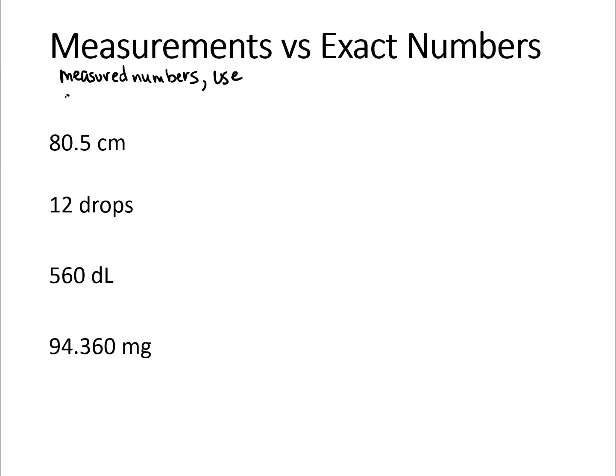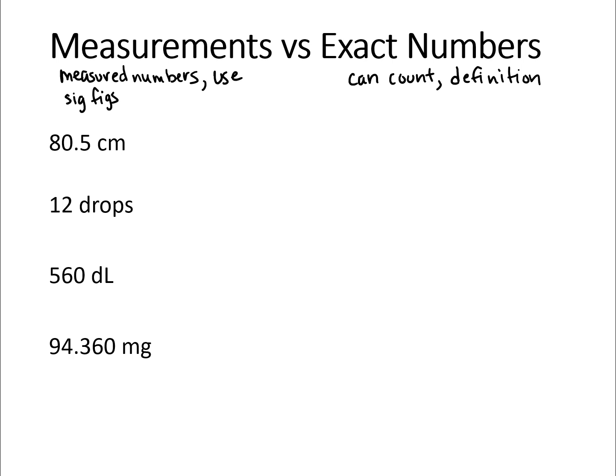So we use sig figs. With exact numbers, it's things that you can count. It could also be a definition. Like 8 fluid ounces are in 1 cup. That's a definition and that's exact.